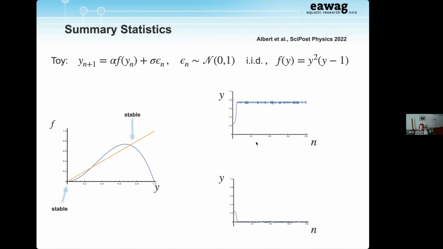Now, depending on the choice of the initial condition and the choice of the parameters, it can happen that even for fixed parameters, sometimes the model realization goes down to this fixed point and sometimes it goes up to this fixed point. That's exactly that energy-entropy trade-off, right? One of the two is the energetically favored one. That's the realization that you get if you set the noise to 0, because the noise 0 values are the most likely values.